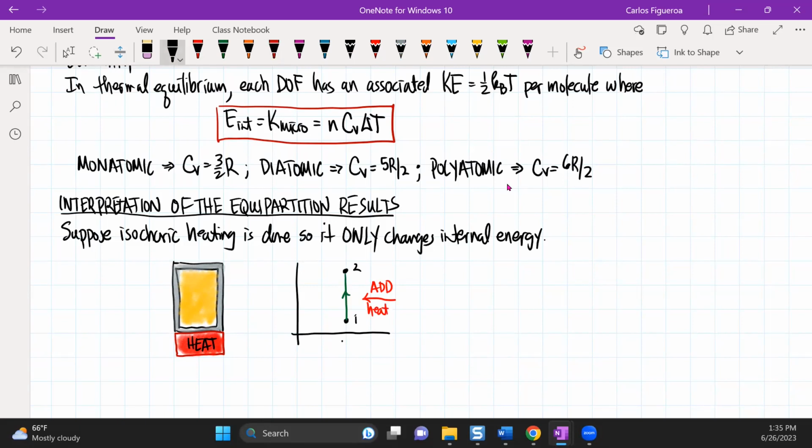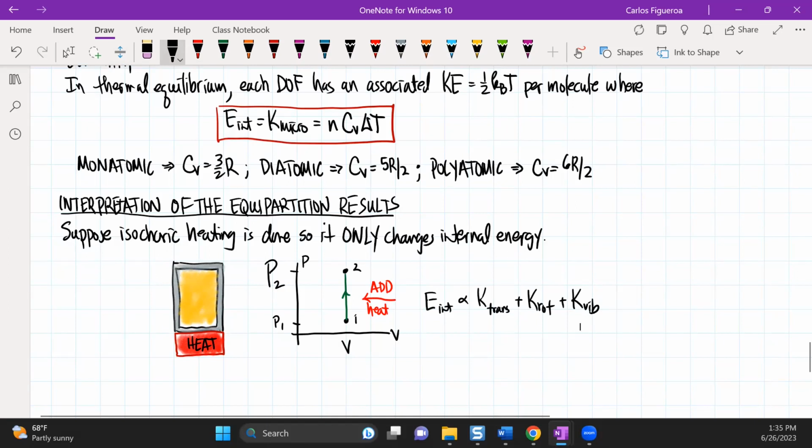Clearly the volume is fixed, but the pressure changes as I do this. And what do we know? We know that the internal energy is proportional to K translational, in other words K RMS. It's also proportional to the rotational, and it's also proportional to the vibration.